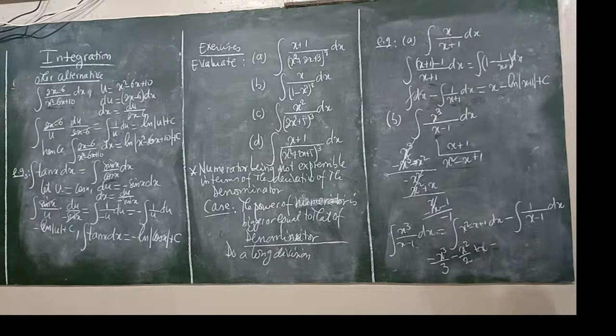For the integral of the reciprocal of x minus 1, its derivative is 1, so the integral will be the natural log of x minus 1. Then we add the constant of integration.